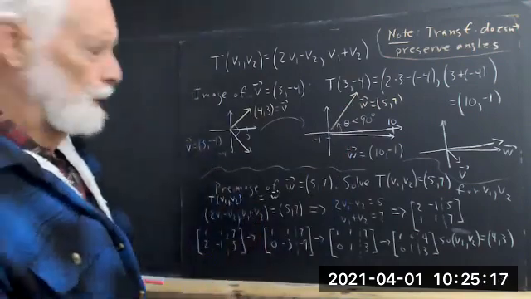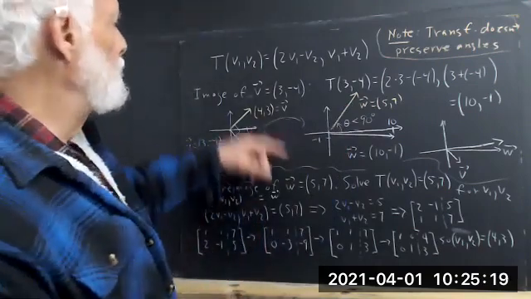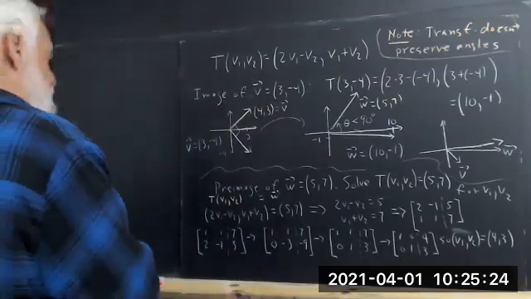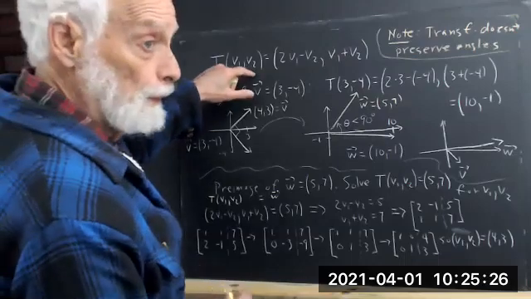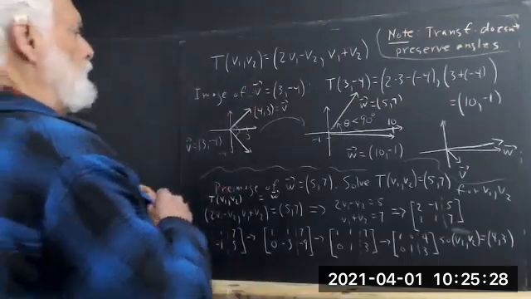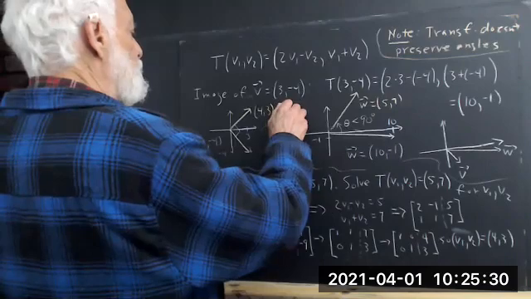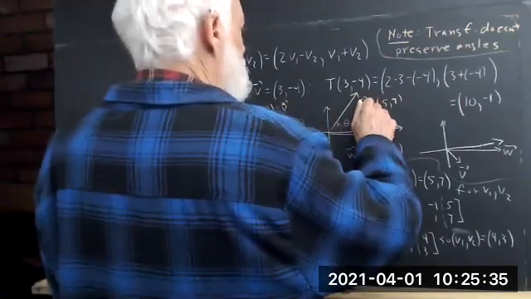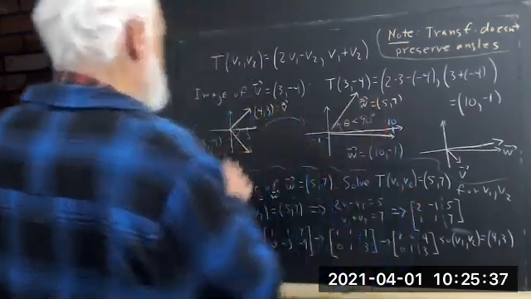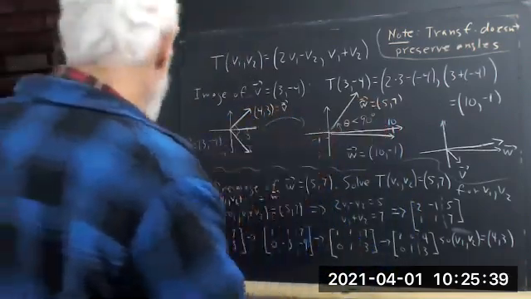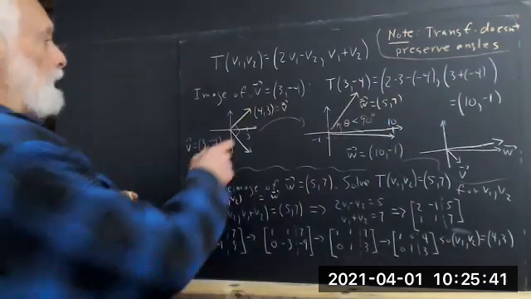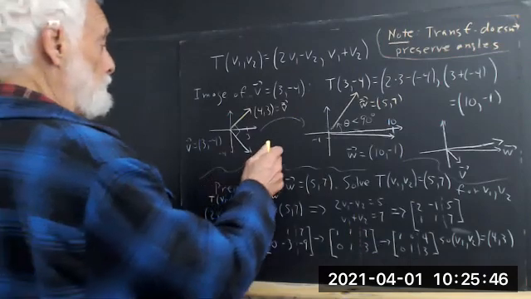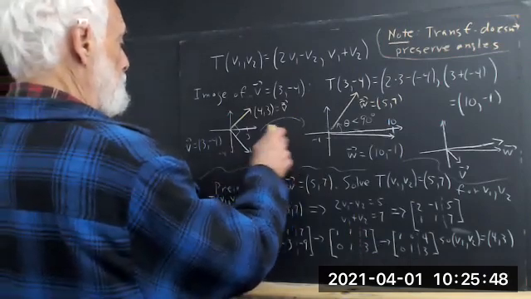Really I want to subscript this V1 and V2, but then it gets confused with the components of V1 and V2. So I'm going to call this V hat, and I'm going to call this W hat, just to distinguish the two V's and the two W's. In any case, if I add V and V hat here, I get the vector 7, -1, which will be out about here.